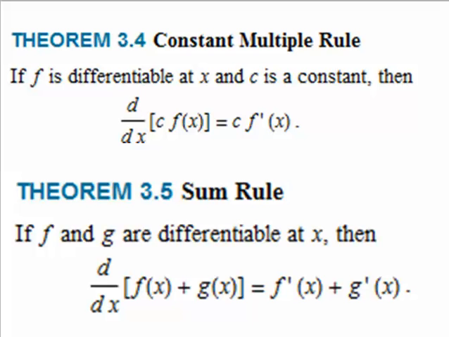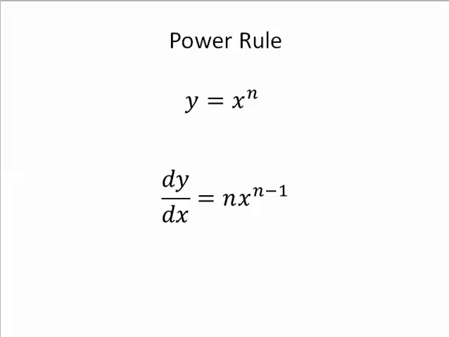I'd like to show you another rule called the power rule. If y equals x to the n power, then dy/dx equals n times x to the n minus 1. The exponent becomes a coefficient and then is reduced by 1.